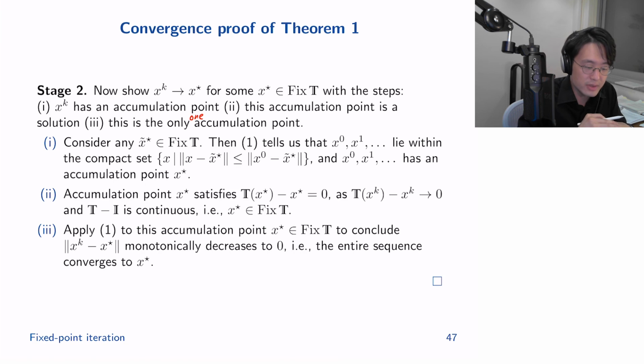This allows us to conclude that since this quantity is monotonically decreasing, and since a subsequence of xk converges to x star, this distance to x star therefore has to monotonically decrease to 0. In other words, the entire sequence must converge to x star.